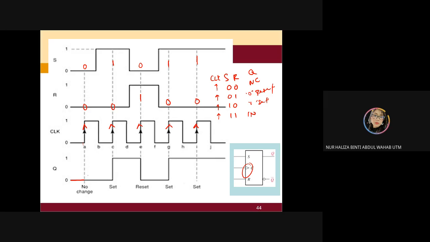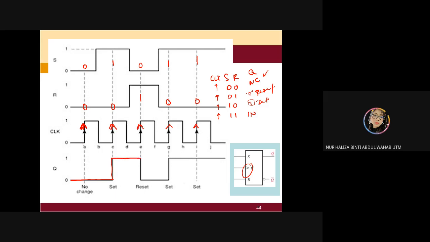Now let's draw. At this first clock, we have 0, 0. What is 0, 0? No change. So you will directly continue until you meet the next trigger of your positive clock. So here you look, 1, 0. 1, 0 is set. So you go up and then you continue until you meet another.